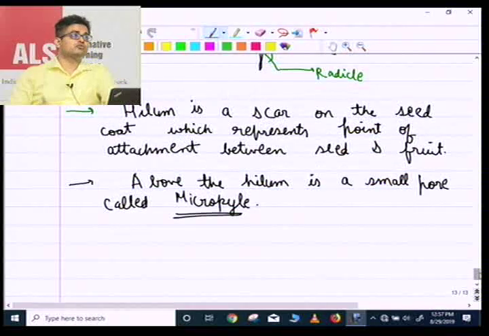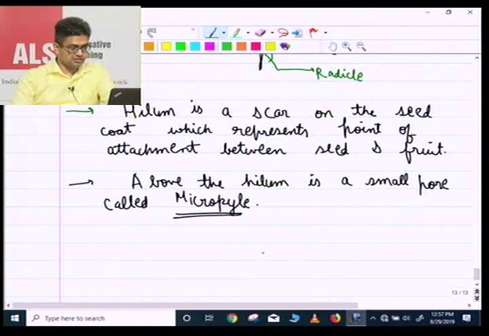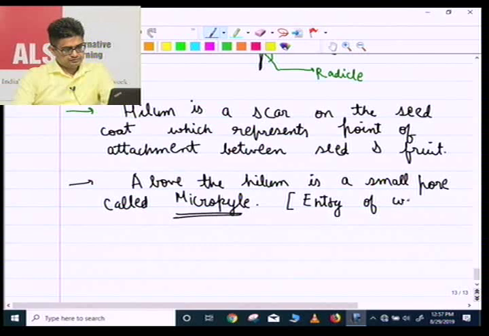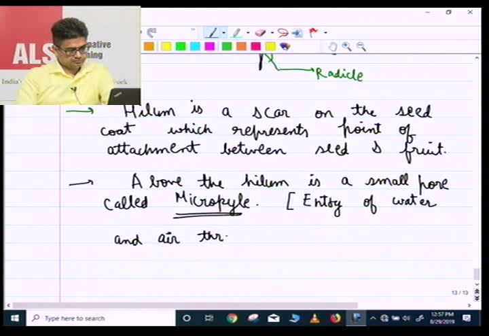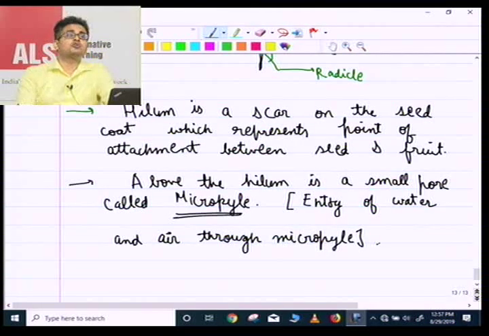It is the point from which air will enter the seed. Entry of water and air through micropyle. So if you keep your seeds in an airtight container for a long period of time, the seeds will die. They will not germinate. Okay, they will absorb the water, but they will not germinate because the embryo will be dead.